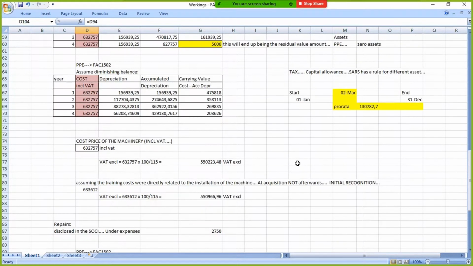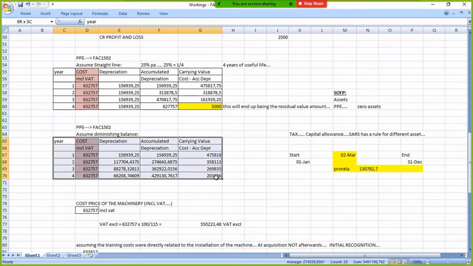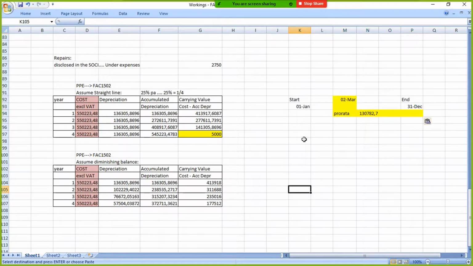So this working was for the inclusive amount. We can do the same thing here at the bottom, looking at the exclusive amount: 550,223.48 minus 5,000 times 25% times 10 over 12. So this was excluding VAT.